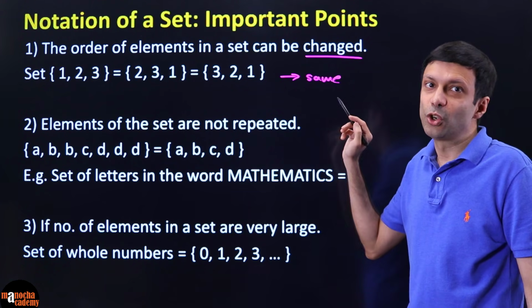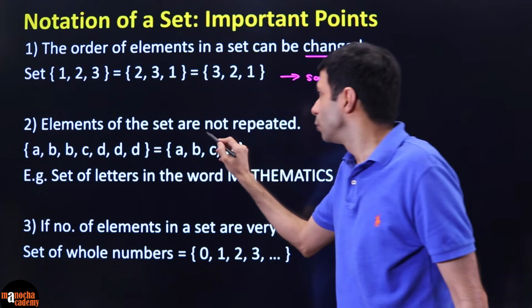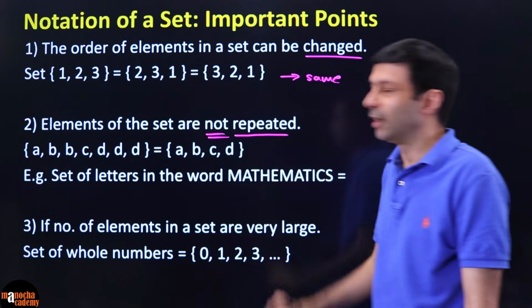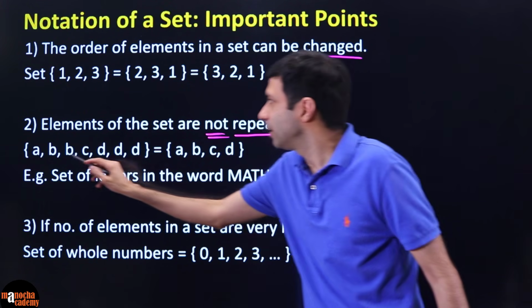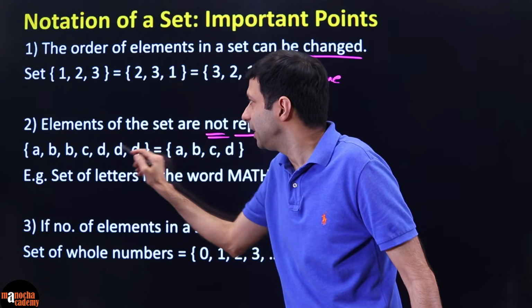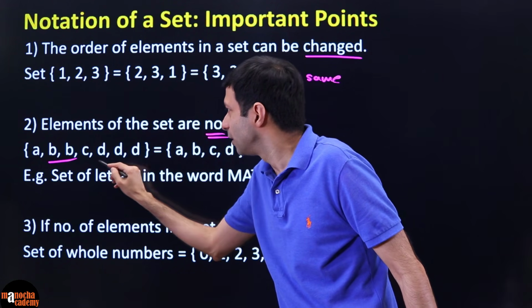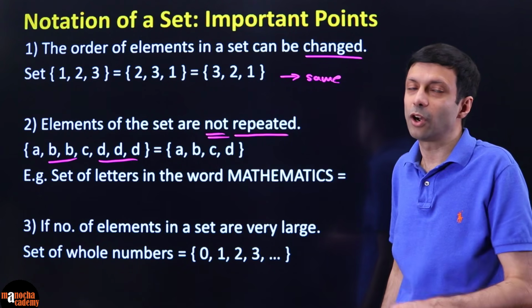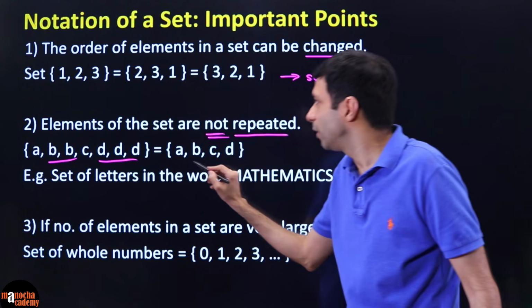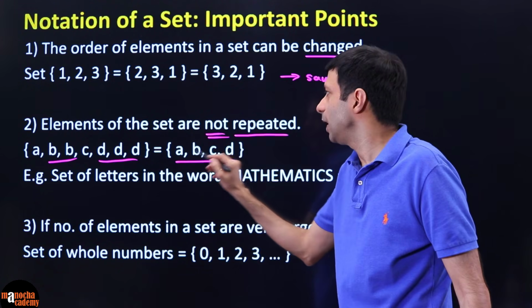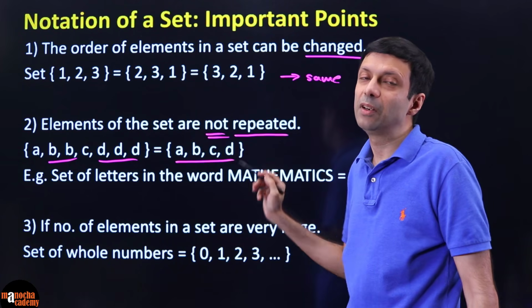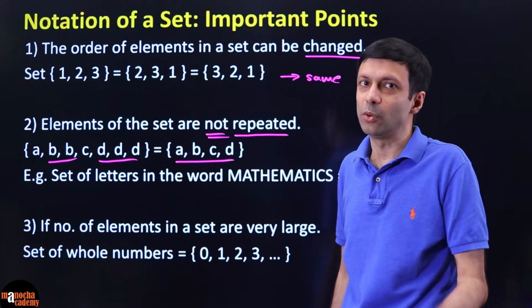Elements of the set should not be repeated. For example, you have written A, B, B, C, D, D, D. Here can you see? The letter B is repeated twice. D is repeated 3 times. You should not write the set like that. It should be written only once. So A, B, C, D. So remember, the elements of the set should be unique.